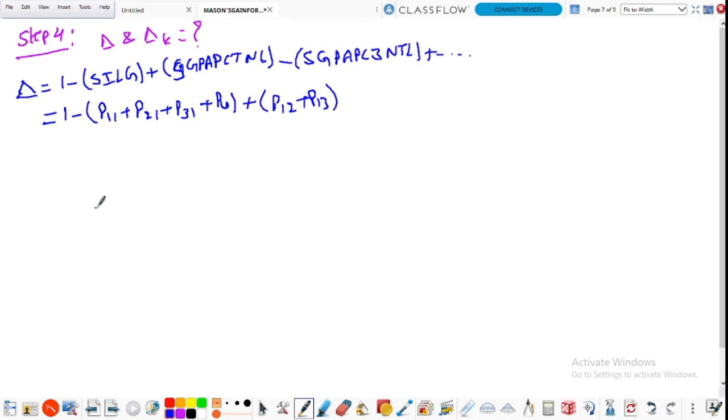Now substitute the P11, P21, P31, P41, P51, P12, P13 values here.